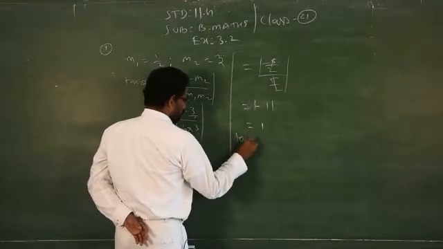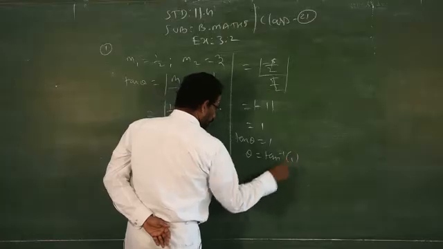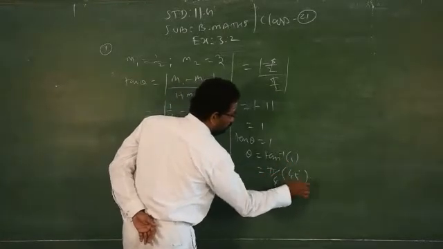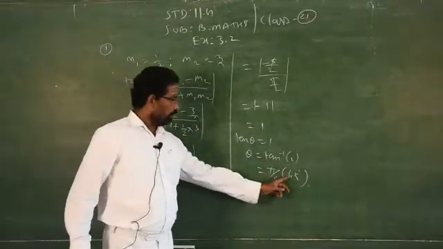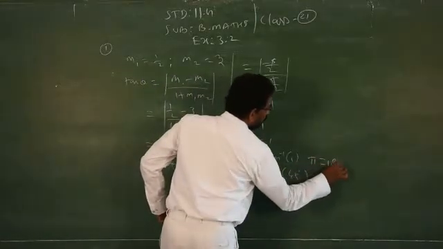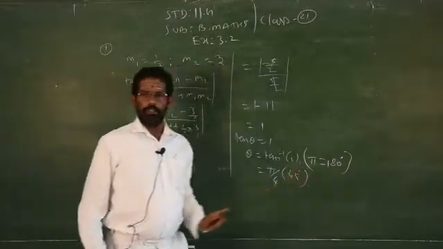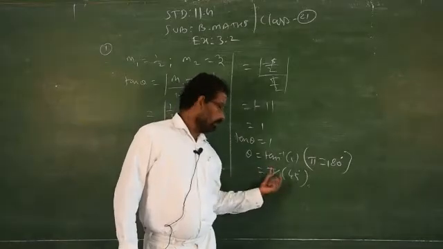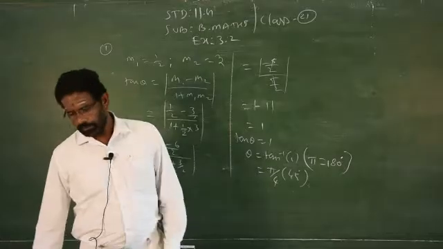So tan theta is equal to 1, therefore theta is equal to tan inverse of 1, which is pi by 4, that is 45 degrees. You learned this already in 10th standard. Pi by 4 is 45 degrees because pi stands for 180 degrees, and 180 divided by 4 gives 45 degrees. But in higher classes you do not write numerical values; you represent the angle in terms of pi only. Clear?